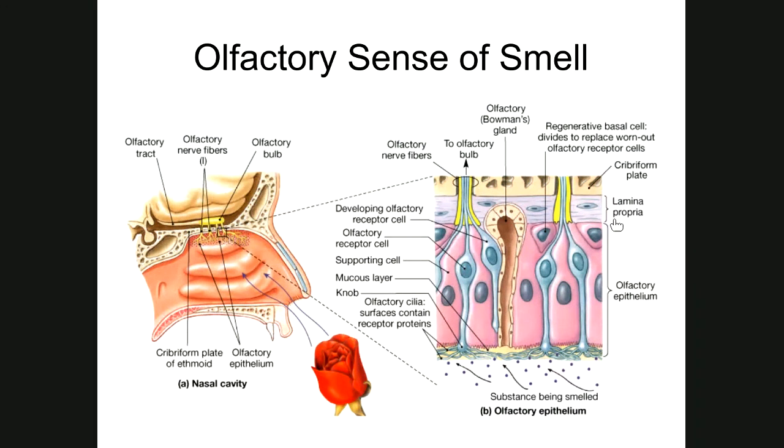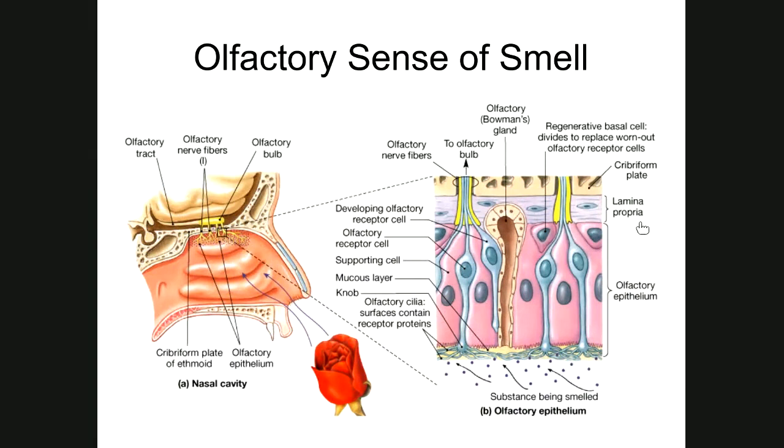The lamina propria, L-A-M-I-N-A, second word, P-R-O-P-R-I-A, lamina propria, a layer of loose connective tissue which holds the nasal epithelium, which is only one cell layer thick, to the underlying bone.